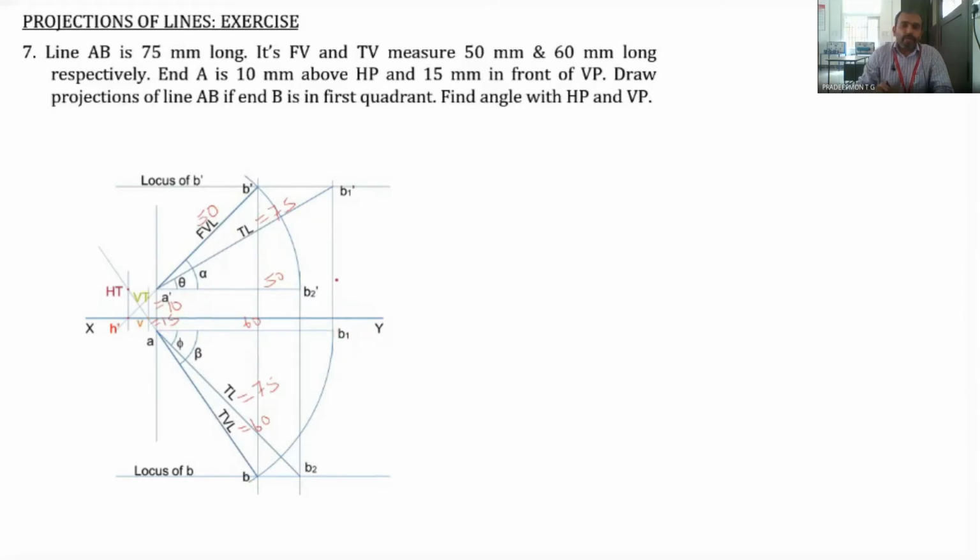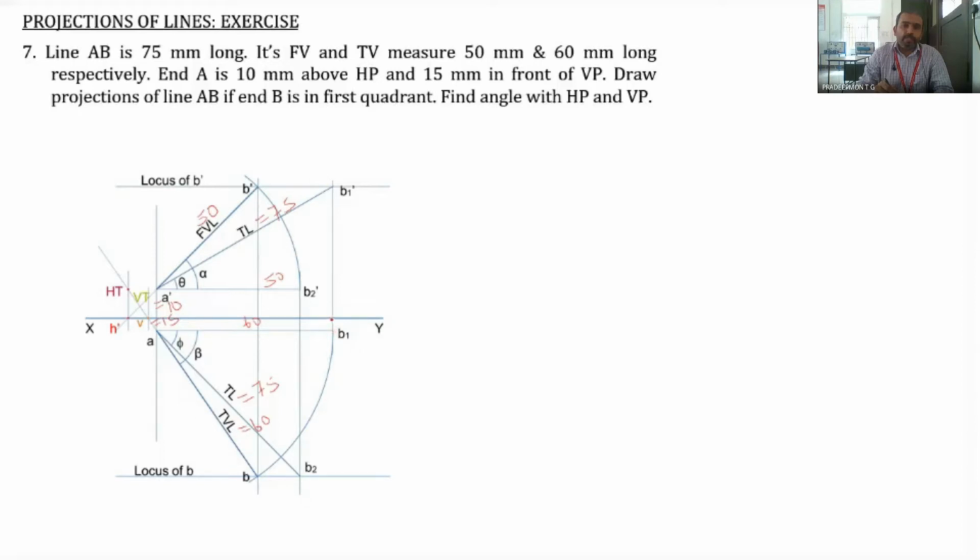So B1 dash should be in a line which is at a distance 75 millimeter from A dash, as well as it should be on a vertical line which is at a distance of 60 millimeter from this point A. That is B1. B1 is 60 millimeter. So B1 dash should be in a line which is perpendicular to the XY line and passing through B1.